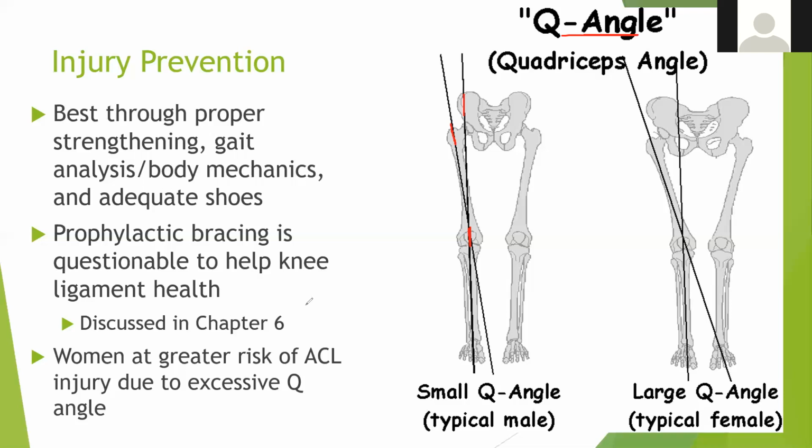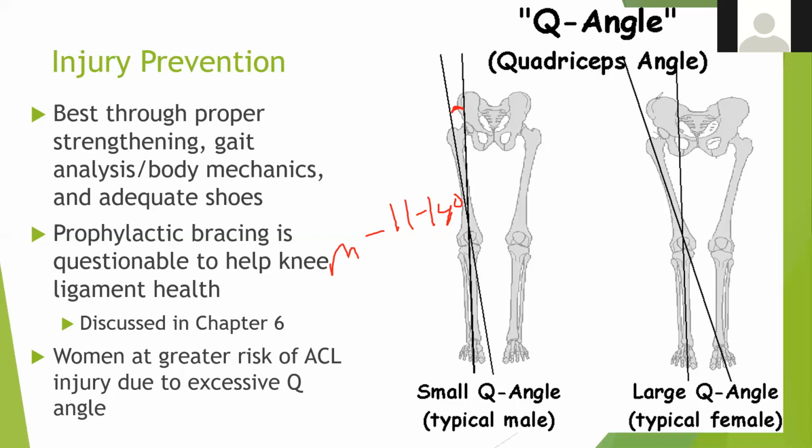In short, a Q angle is going to determine the inherent amount of stability or instability that's in your knee. The smaller your Q angle, the more stable your knee is going to be. So if your Q angle is small, for men, that is between 11 and 14 degrees, you have a much less likely chance of having an injury to your ACL.